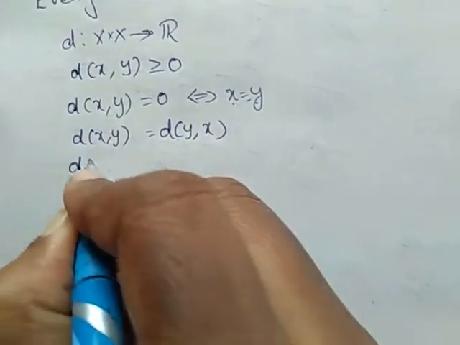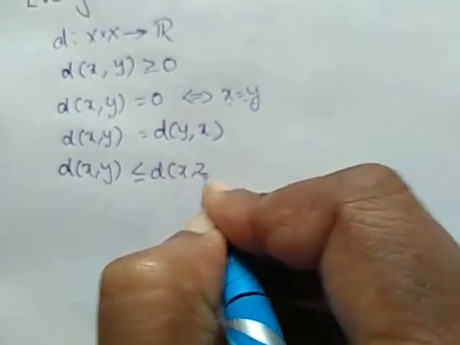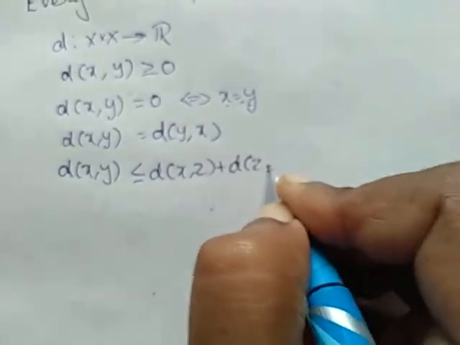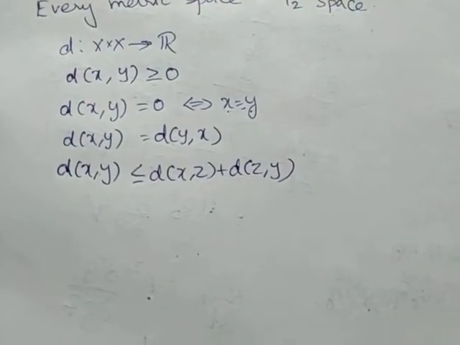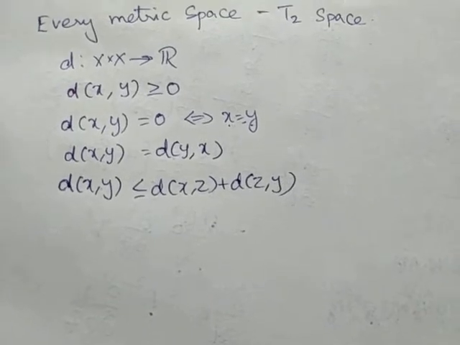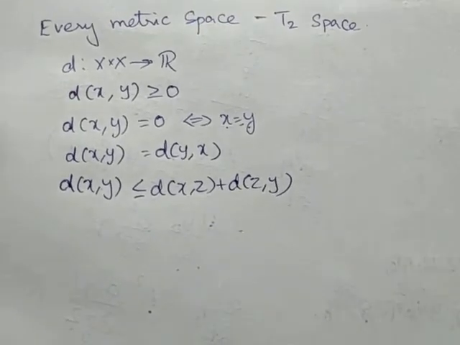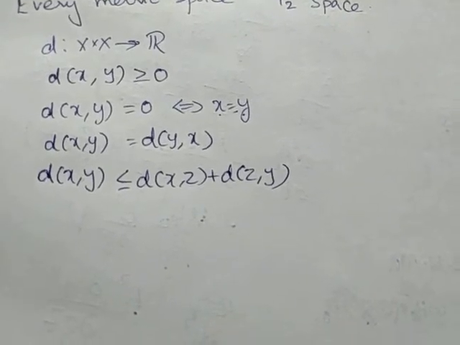And the last one, d of x comma y should be less than or equal to d of x comma z plus d of z comma y for all x, y, z belonging to capital X. So this is the basic definition of a metric space. We are going to prove every metric space is a T2 space.